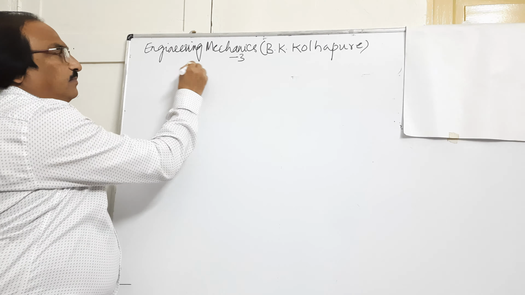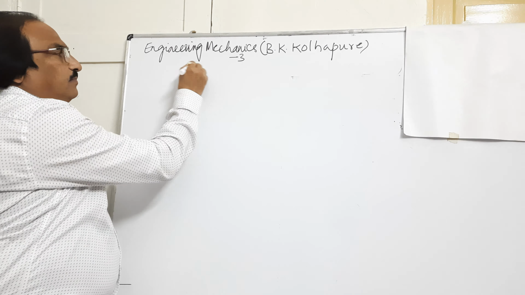Suppose this person is applying 15 Newton and this person 10 Newton. So this is pulled towards left and this is pulled towards right. The force applied on the left hand side is 25 Newton, and the force applied on the right hand side is also 25 Newton. So nothing will happen to the system, the knot will remain there only. Such a system of forces we call an equilibrium of forces.